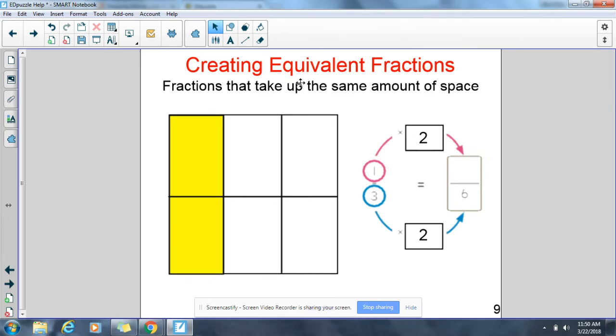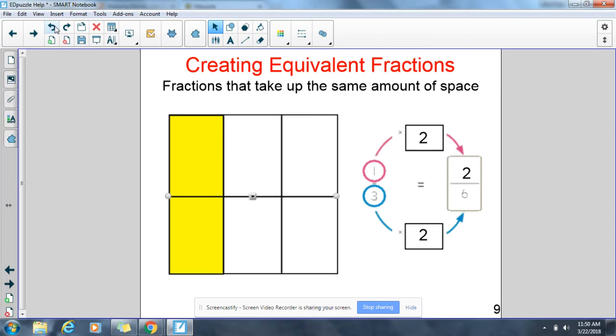My answer is going to be 2. I've got 2 yellow pieces. So 1/3, which is what it showed before, takes up the same amount of space as 2/6.